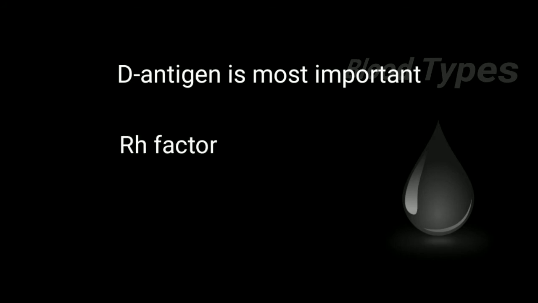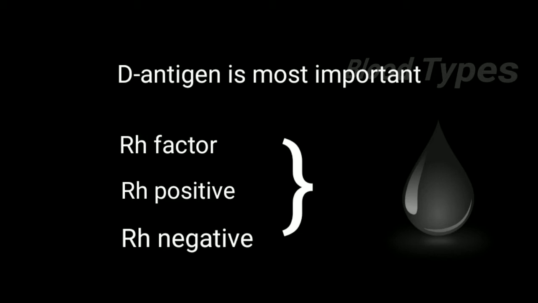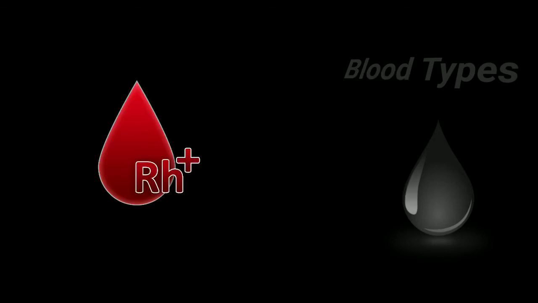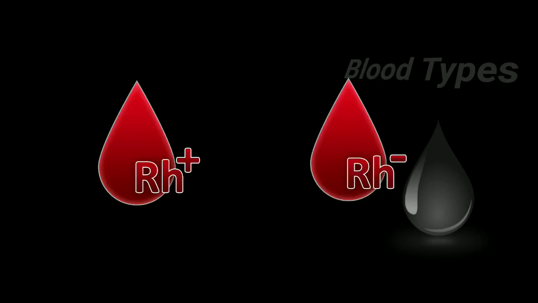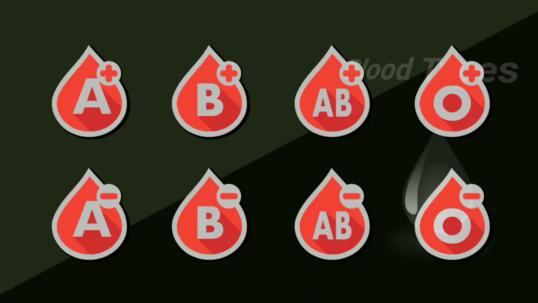The term Rh factor, Rh positive, Rh negative refers to the RhD antigen only. The presence and absence of RhD antigen make blood Rh positive and Rh negative, respectively. Together, ABO blood group system antigens and RhD antigens give rise to 8 different blood groups.